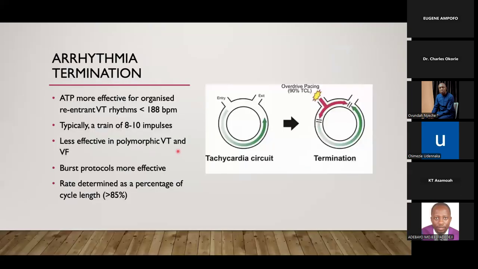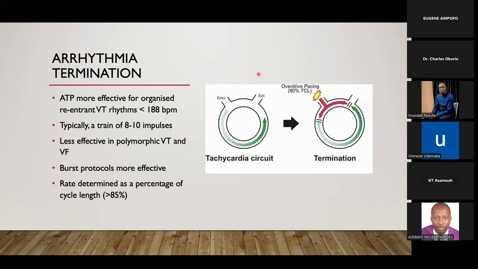Now, in anti-tachycardia pacing, the device will typically fire about 8 to 10 impulses at that fast rate. When that happens, it seeks to block this reentrant rhythm that is leading to the tachycardia. So it is most effective in those who have organized monomorphic ventricular tachycardias, because these are commonly due to reentrant rhythms.